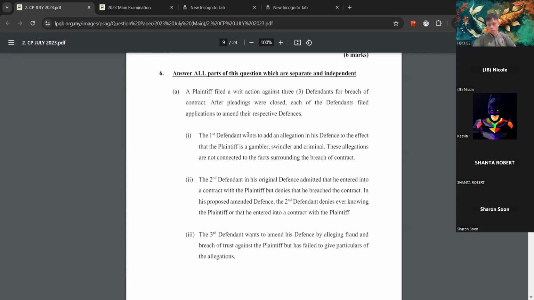So for the first defendant, do you think it is possible to object? Okay, not possible. Any case to support?